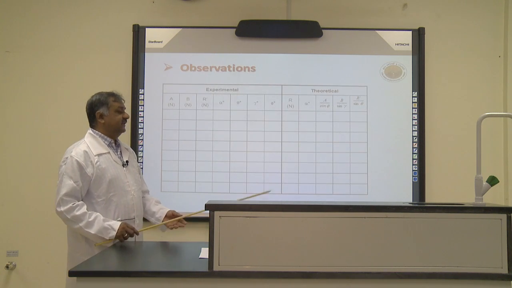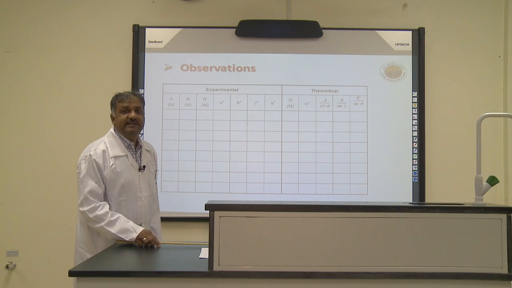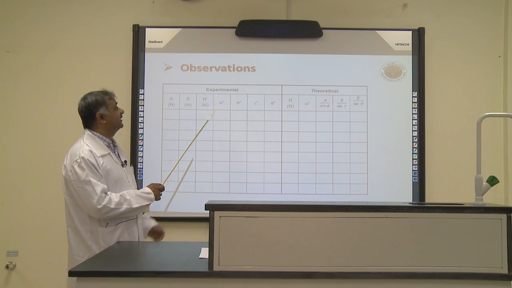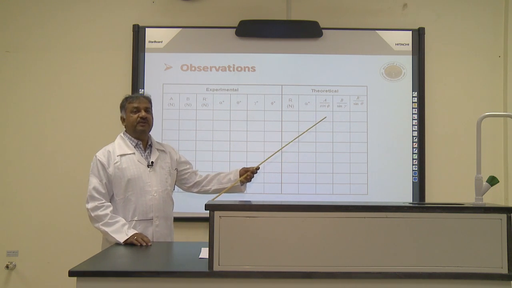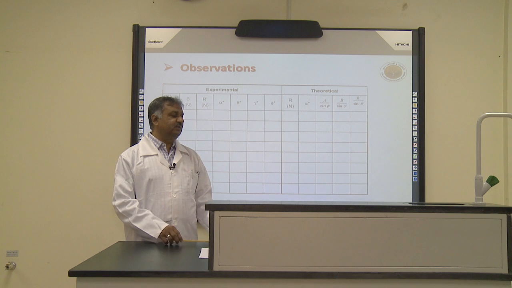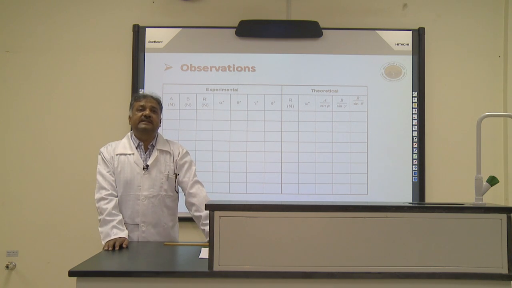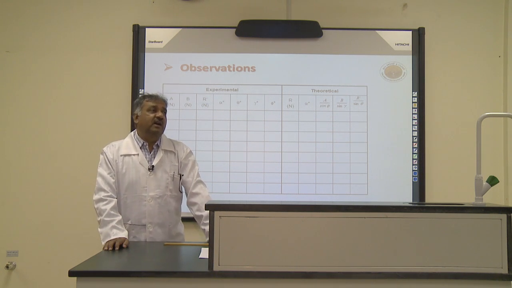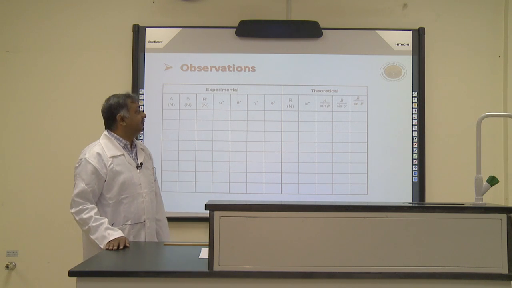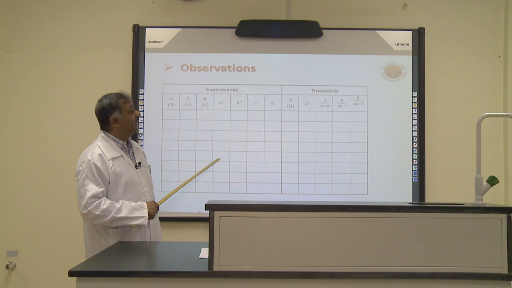Gentlemen, this is the observation table. You can see this observation table has two parts, the experimental and the theoretical. The beauty of this experiment is that first you are going to measure the resultant magnitude and its angle alpha experimentally.